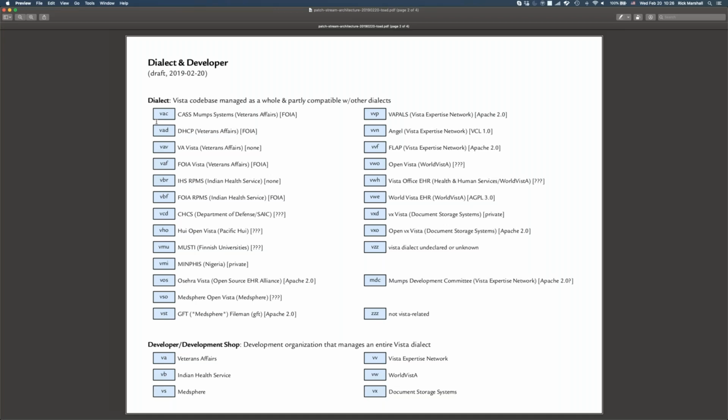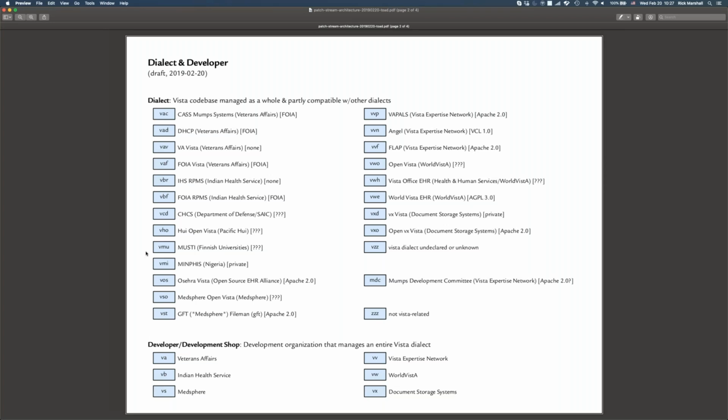This distinction is being done not at the level of VA or the Vista community. This distinction, this naming of dialects, is being done at the level of the Mumps development community. These codes are going to be unique across the entire universe of Mumps systems. And to make that happen, they're registered with the Mumps development committee. So everything that starts with V is a Vista system. Hypothetically, we could imagine that if there are multiple lines of development in the Epic medical software system, which is written in Mumps, maybe they would start with E, right?